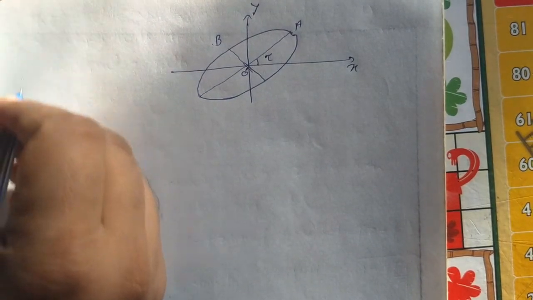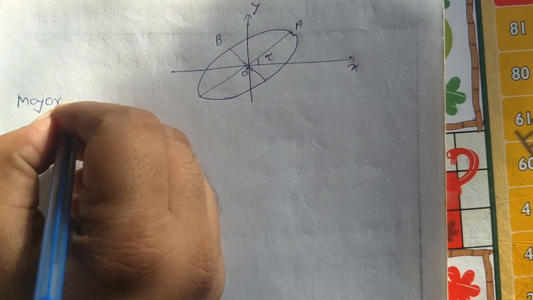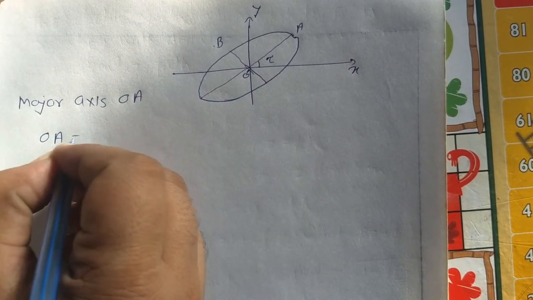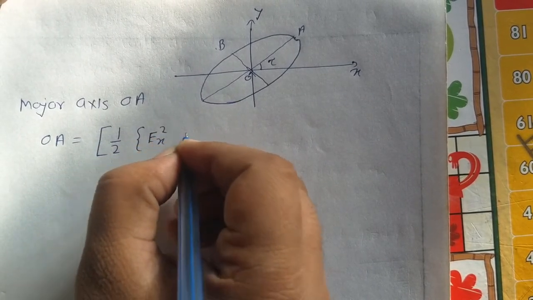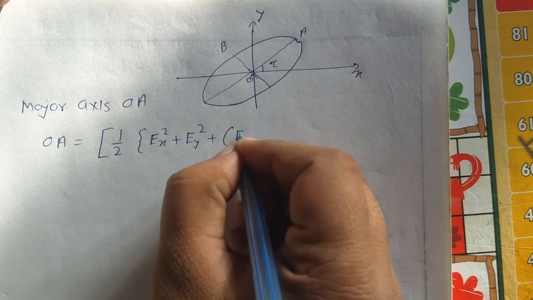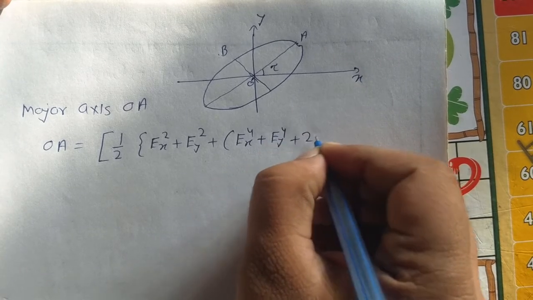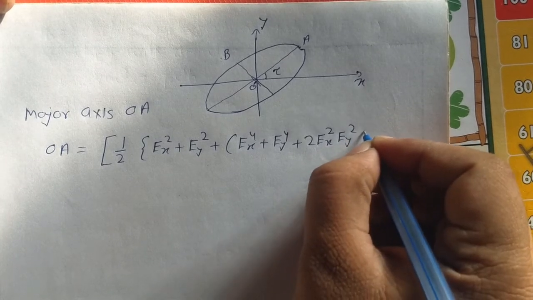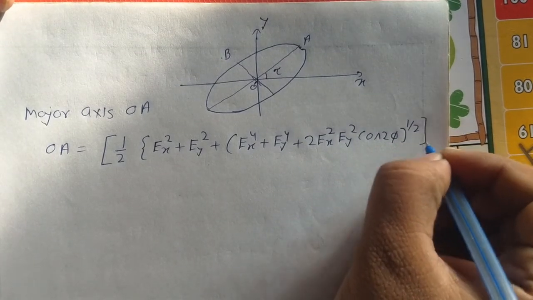After solving, the major axis OA is given by OA equal to half of Ex square plus Ey square plus bracket Ex to the power 4 plus Ey to the power 4 plus 2 Ex square Ey square cos 2 phi, power half, whole power half.